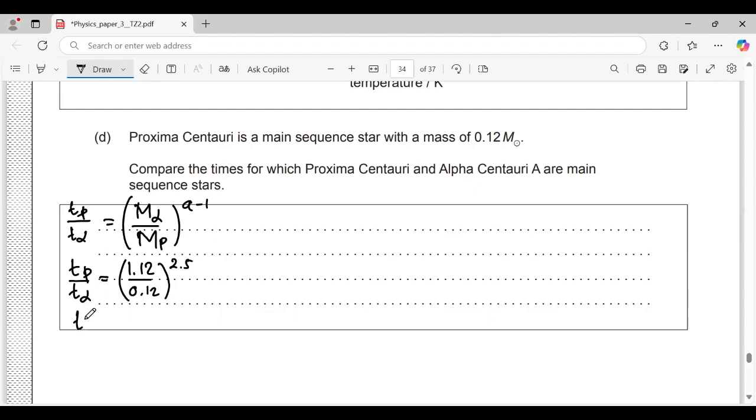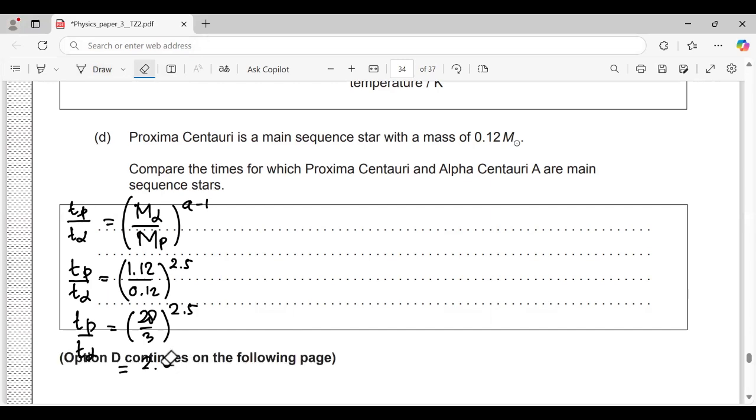If you calculate T_P over T_alpha, if you divide it, it becomes 2.5 power 2.5, and the result is 266, sorry, not 2.66, 266. So T_P over T_alpha equals 266.13.